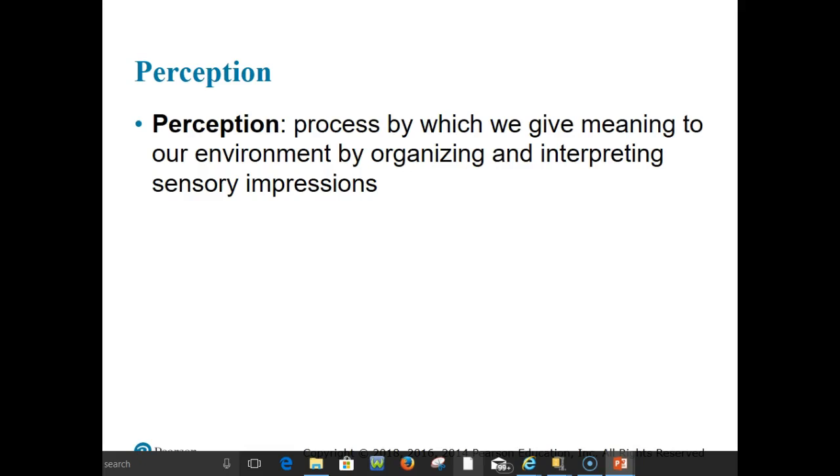Research on perception consistently demonstrates that individuals may look at the same thing yet perceive it differently. Now, one manager, for instance, can interpret the fact that her assistant regularly takes several days to make important decisions as evidence that the assistant is slow, disorganized, and afraid to make decisions, where another manager with the same assistant might interpret the same tendency as evidence that the assistant is thoughtful, thorough, and deliberate.